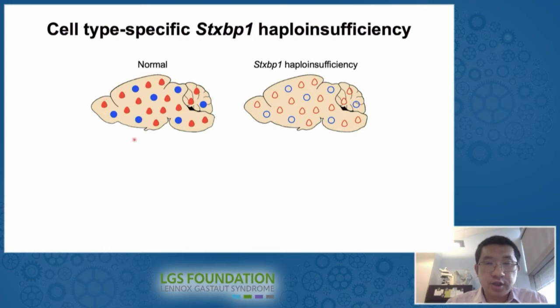So here's a cartoon to show you what the normal brain will look like, right? Here I use red and blue cells to represent excitatory and inhibitory neurons in the brain. And in the haploinsufficiency model that I have shown you so far, every cell is heterozygote for XDX-BP1, as shown here.